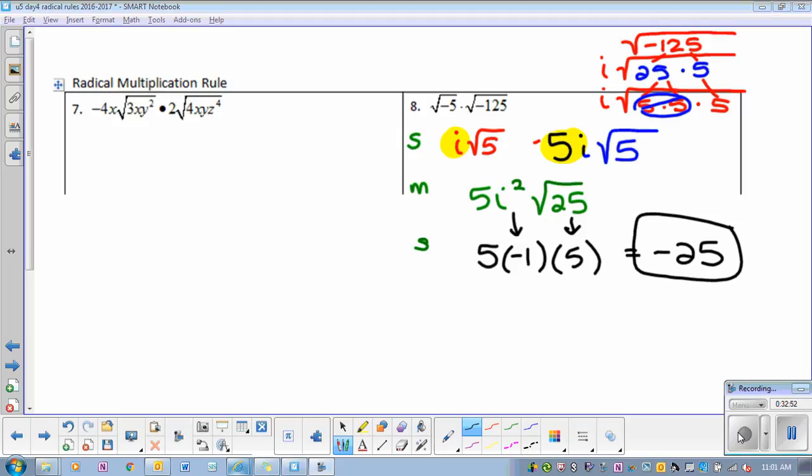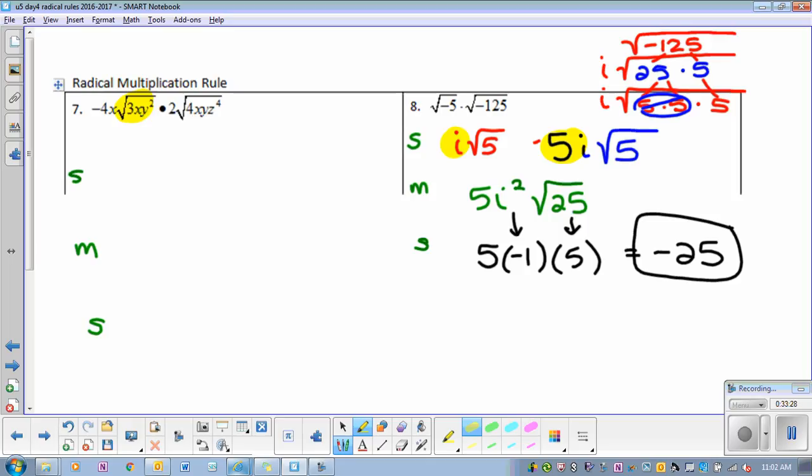All right, let's look at number 7. So number 7, we're still doing the simplify, multiply, simplify. And I want to look at each of these. If I look at this first one, just the square root, I have a 3 inside there. Can I break down the 3? No. Look at this x. How many x's do I have in there? Just the 1. But this is square root. I need at least 2 of the same thing to come out.